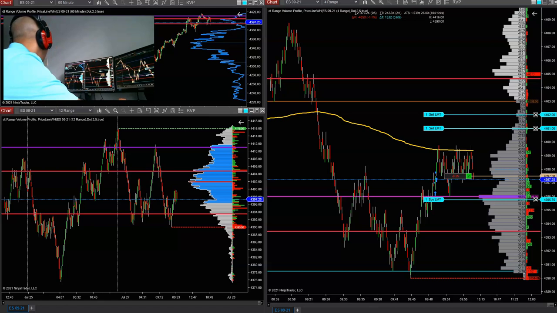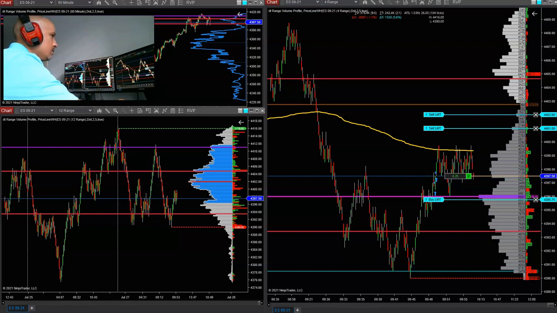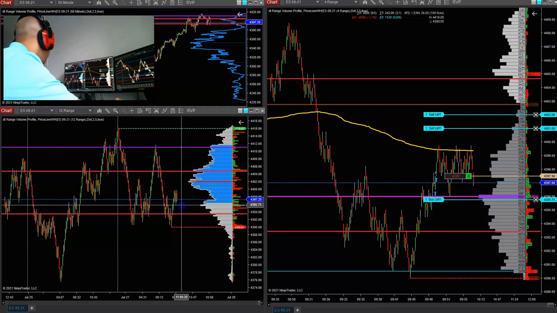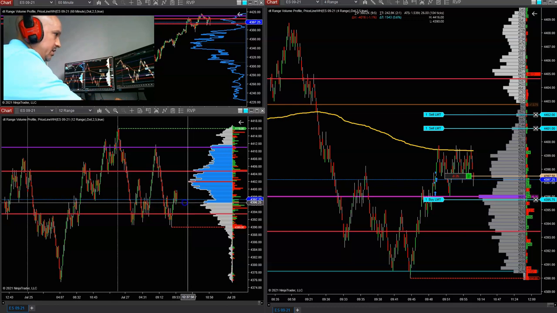Okay, the market's pulling back. Okay, pulling back to the POC. I mentioned price could possibly pull down to 43.95. It doesn't touch that area once, and we can touch it again.